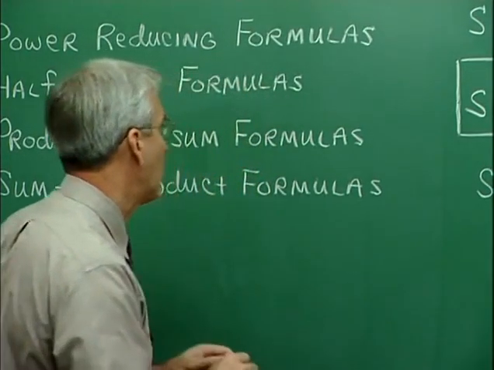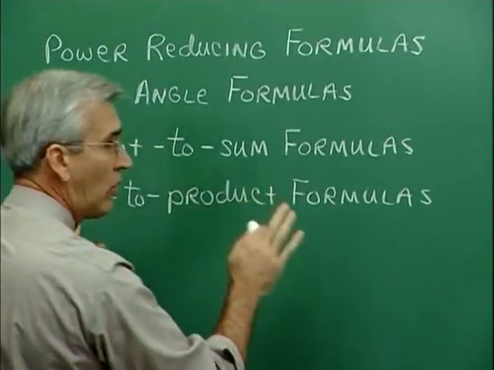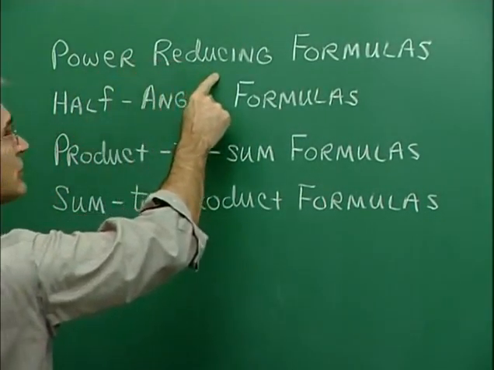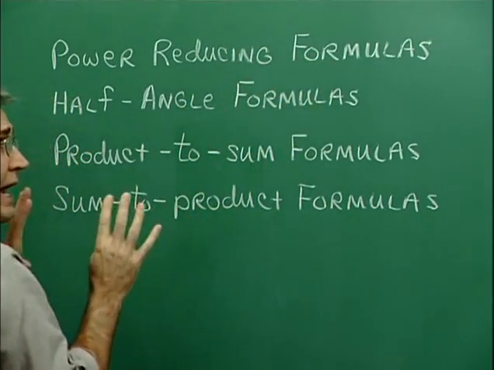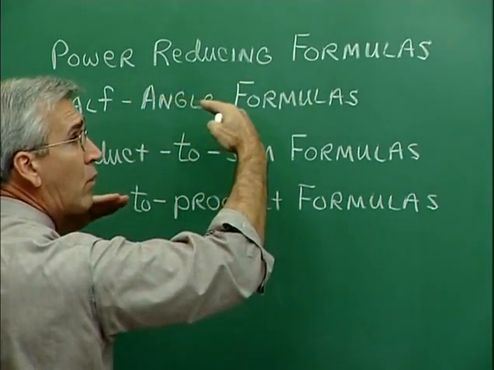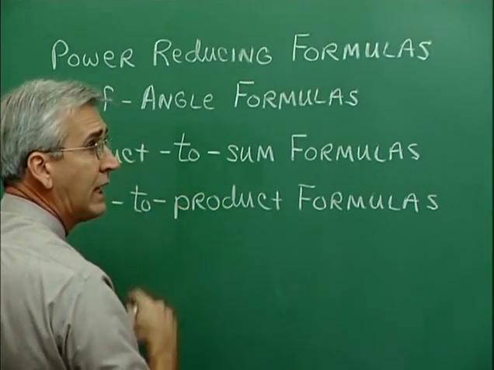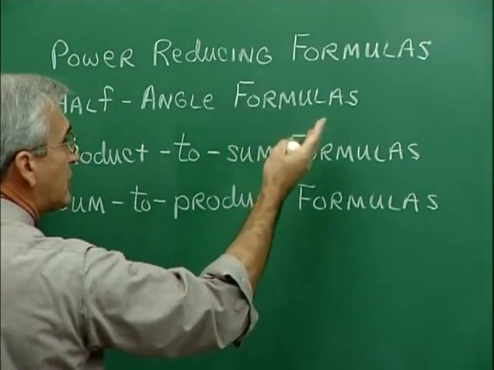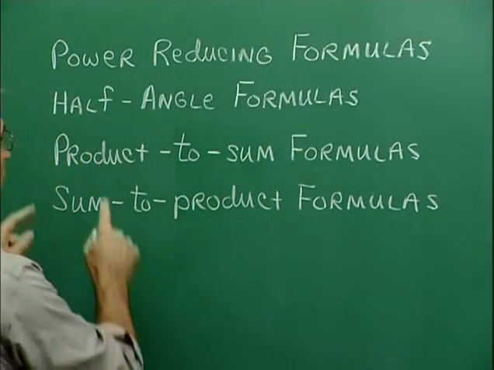Now, understand the purpose of having these formulas, which can also be thought of as identities. Power-reducing formulas: that means that we have a higher power and we want to reduce the power involved in our trig function. Half-angle formulas, we use these just like the double-angle formulas.